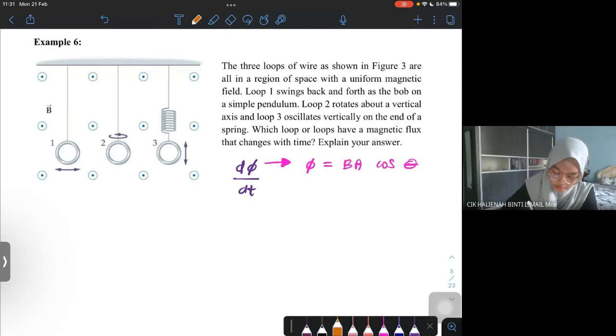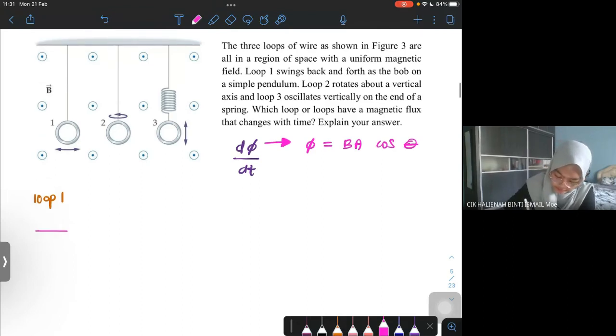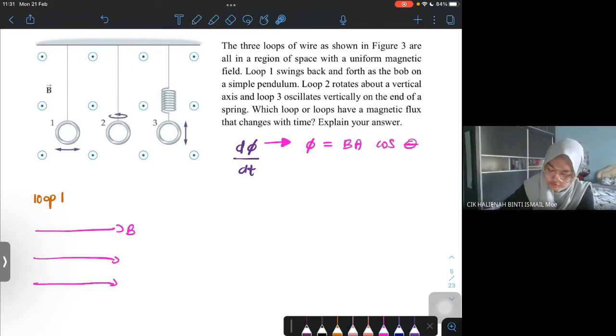So from here, untuk tengok dia dengan lebih jelas, kita lukis. Okay, kita lukis semula the plane of the coil. So loop yang pertama, let's say we have magnetic field to the right, and then kita letak plane ni macam ni, plane of the coil like this.